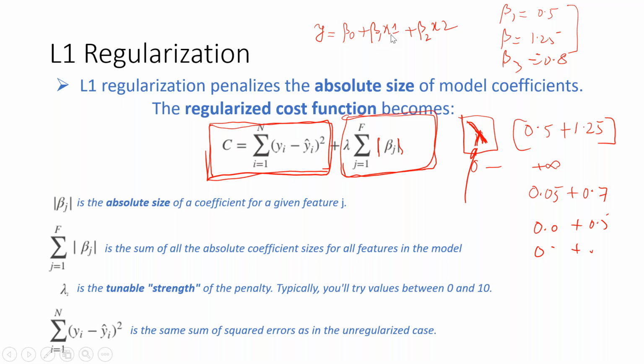When it becomes 0, your feature is gone out of the equation. So by playing around with this lambda in this type of regularized algorithm, we can let the algorithm decide to remove some features, making them zeros. So far you are with me.